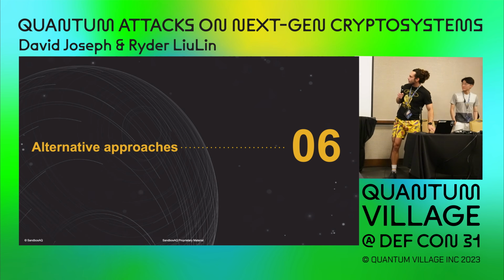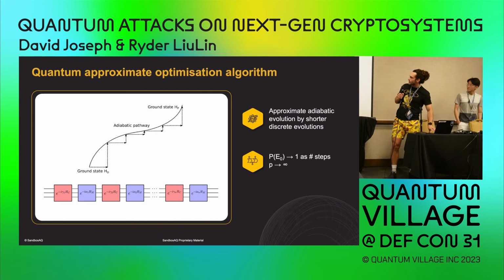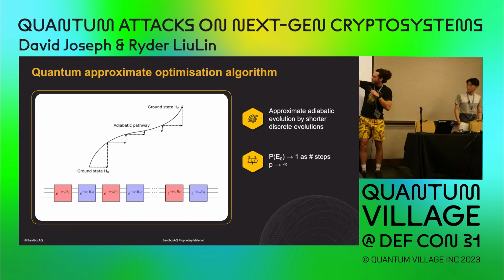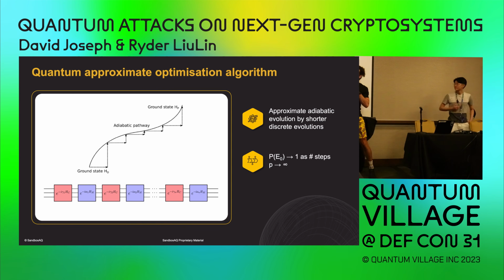So, alternative approaches. If this is the adiabatic pathway, then you have the quantum approximate optimization algorithm, which is actually a way of implementing the adiabatic quantum algorithm, but we can run it in the gate model.